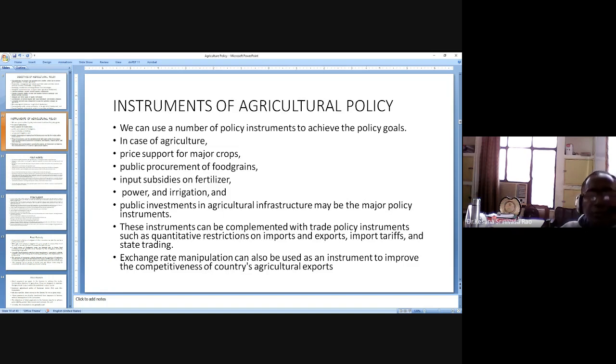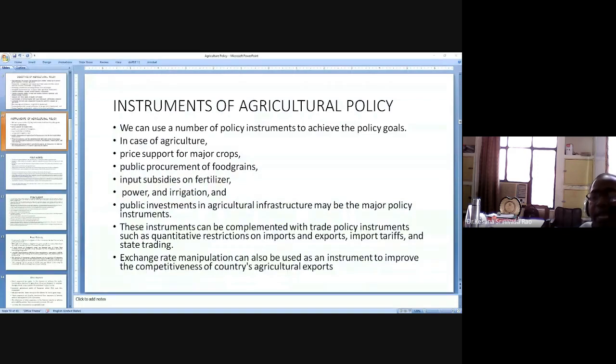In the previous slide we discussed the objectives. To achieve those objectives, the first one is price support for major crops. Because here rice and wheat are growing like anything, for those products price support is very important from the government side.